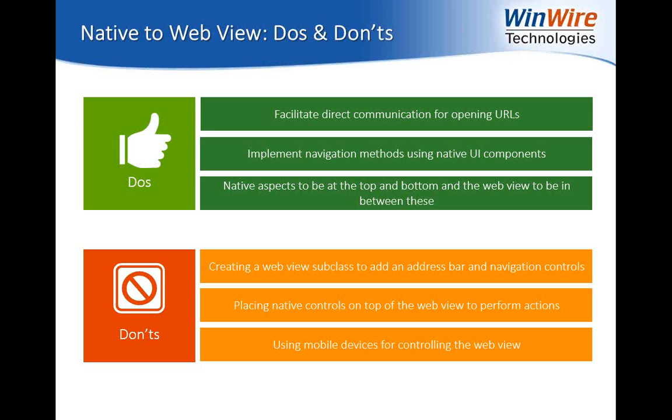Also, using mobile device functionalities for controlling the web view. By this I mean a lot of mobile devices provide functionality like the accelerometer, the gyrometer, the magnetometer, and so on and so forth. Certain aspects of a mobile device should not be used. In fact, none of them should be used unnecessarily where it becomes unintuitive. So these are the lists of don'ts.